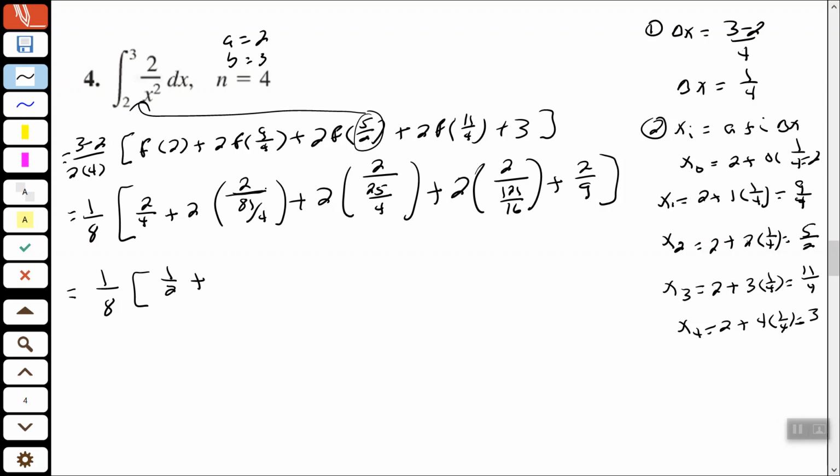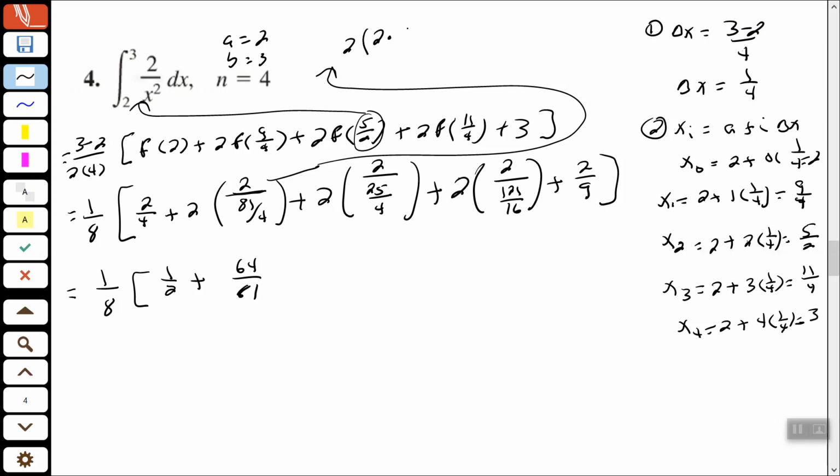So you would flip and multiply. So when you have 2 over 81 over 16, all times 2, you should end up with 64 over 81. And again, let's go up here and let me show you what we did for this one. First of all, you have the 2 on the outside, and then you multiply by the reciprocal, so that's 16 over 81.